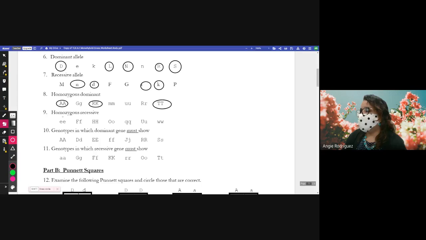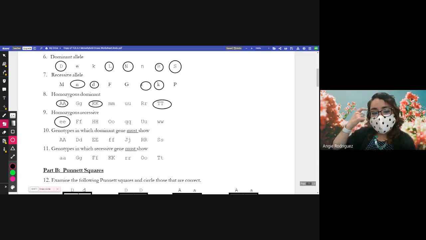All right, so homozygous recessive, this is opposite of 8. So what am I going to circle? Please don't, leave it alone. Thank you. All right, so if it's opposite of number 8, what am I going to start to circle here? The e's, e as in elephant, right? This is one of them. What else? Okay, the O's, actually it has a capital O and a little o, so not that one.